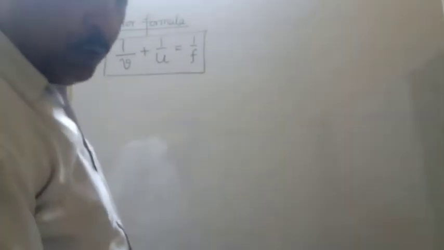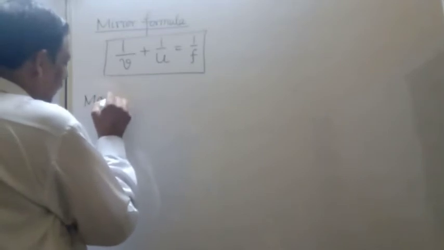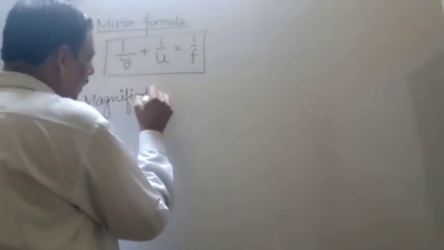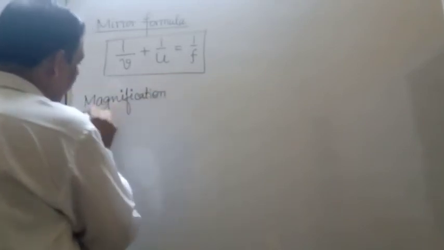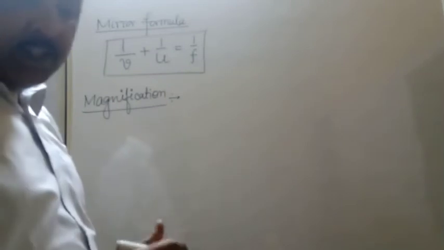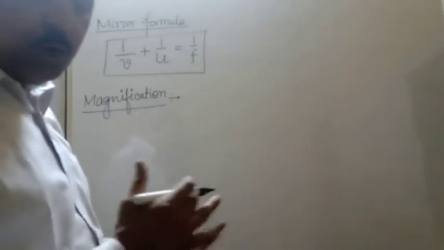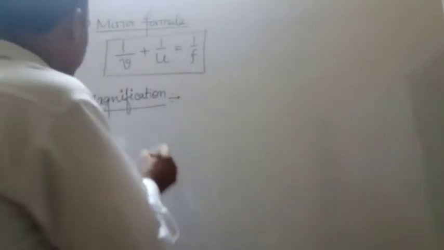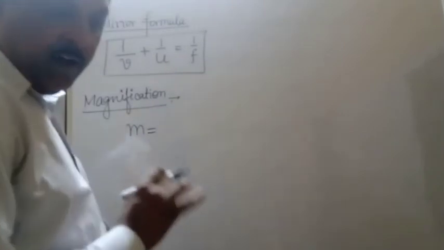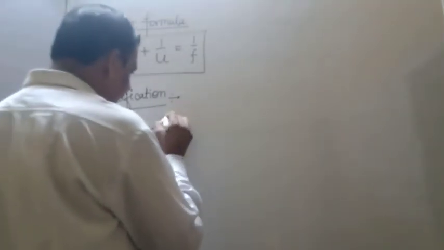One more term is also coming, that is called magnification. Magnification means how much the size of the image is as compared to the size of the object. We represent it by the letter M, and its formula is the height of the image upon the height of the object.